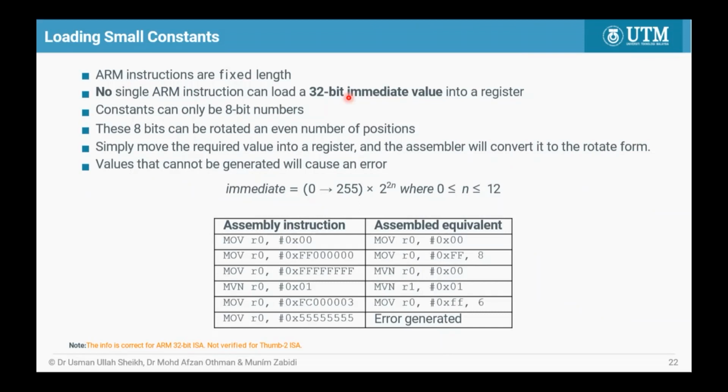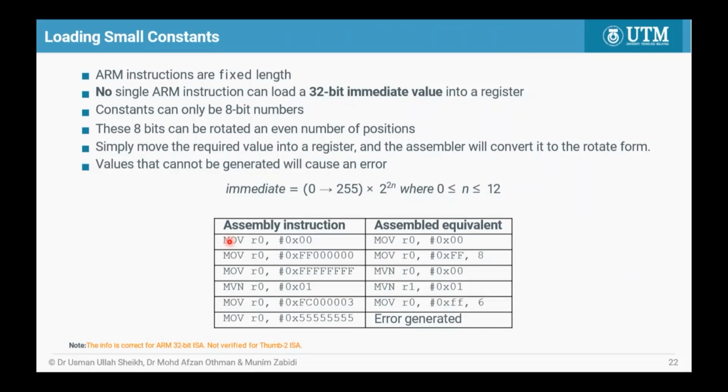The constant can only be an 8-bit number. By using the immediate value, you can only put an 8-bit number to your GPR by using a MOV.